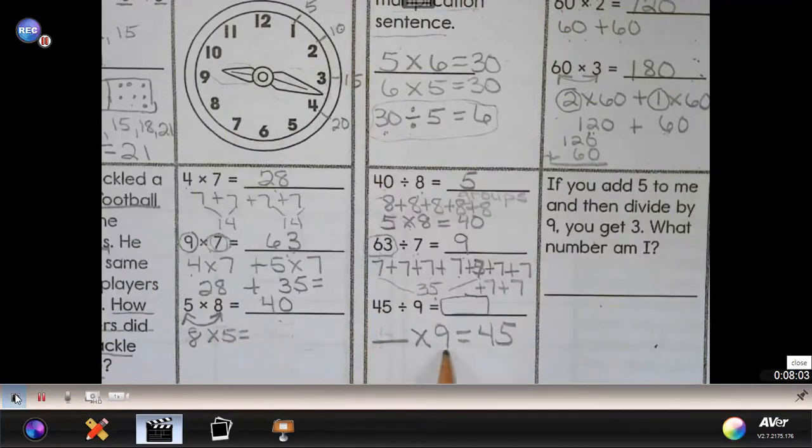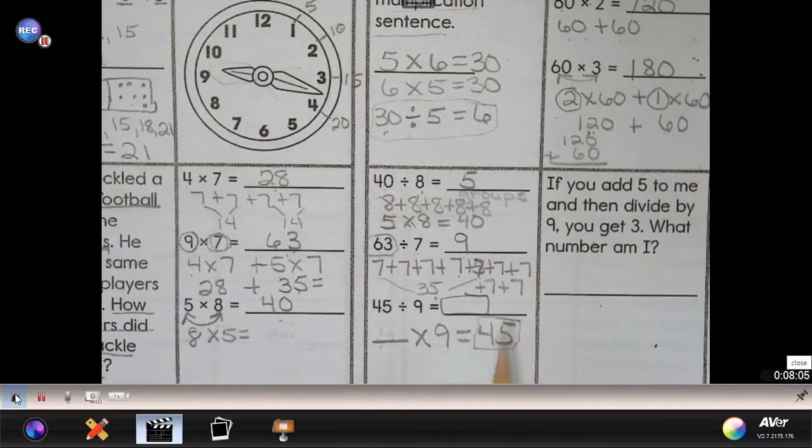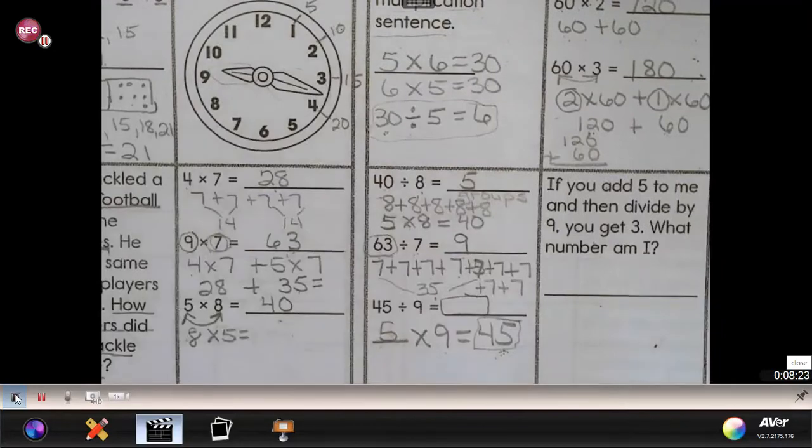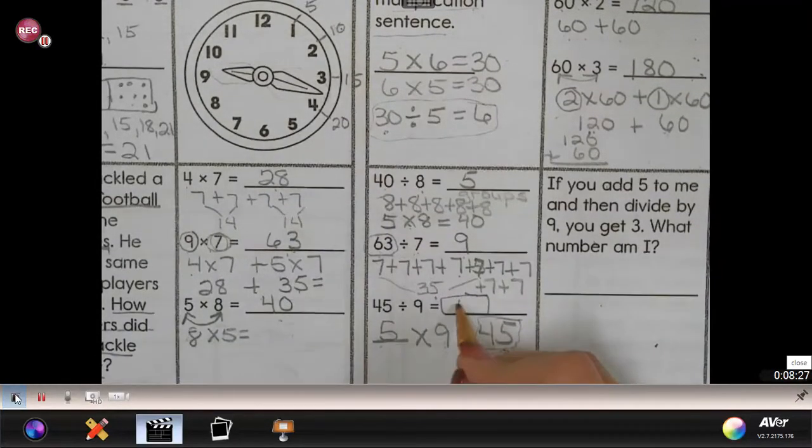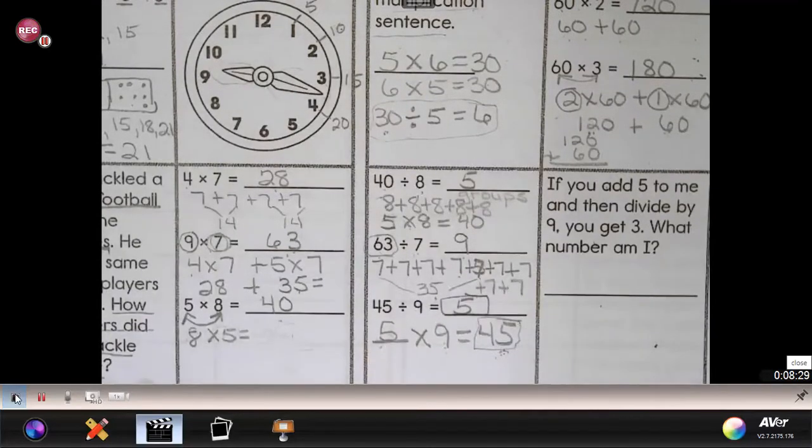So we should also notice that in this pattern, when we are multiplying, 5s are usually going to either be a 0 at the end or 5. So we know that this is probably a multiple of 5 since it has a 5 at the end. So we could say that this is going to be 5 times 9 or 9 times 5, but our missing quotient here is 5.